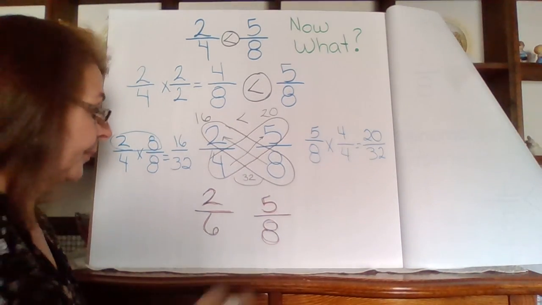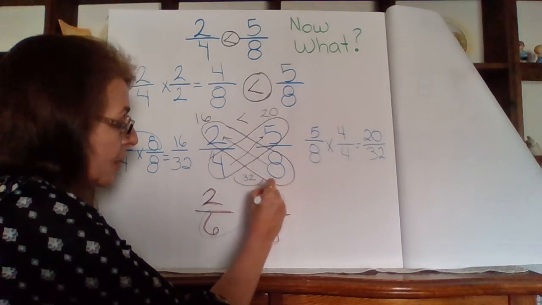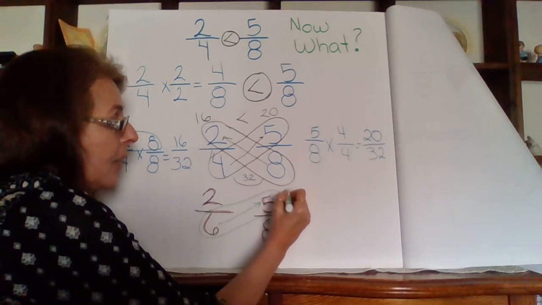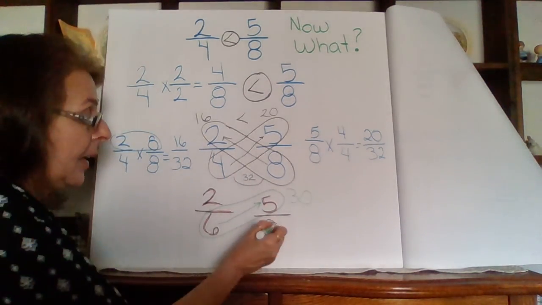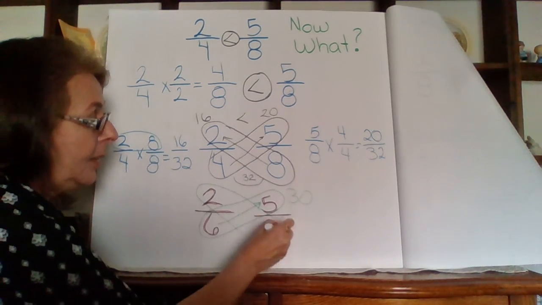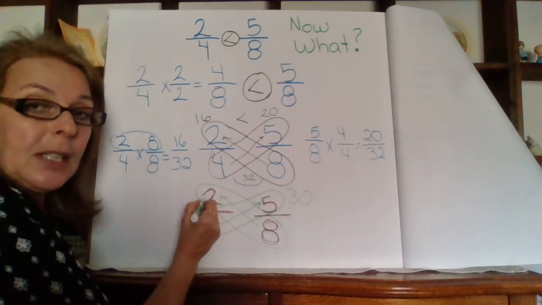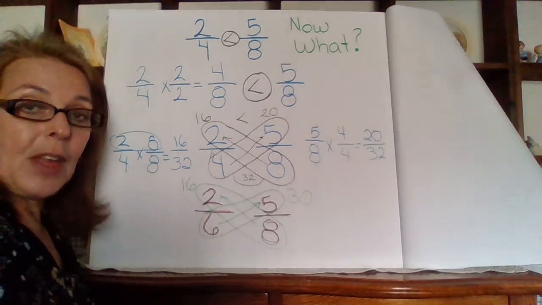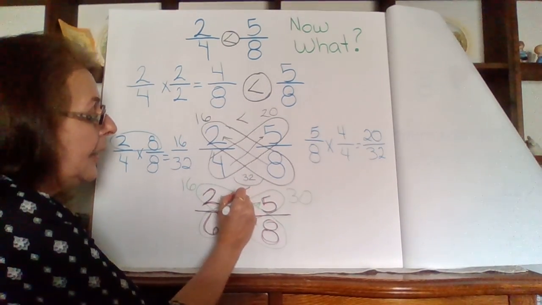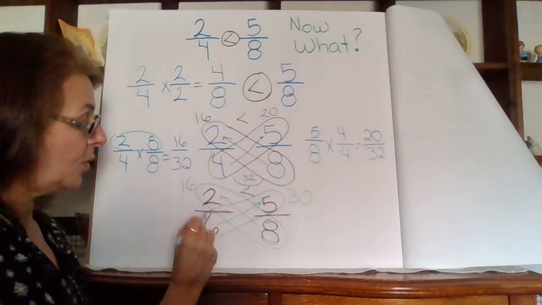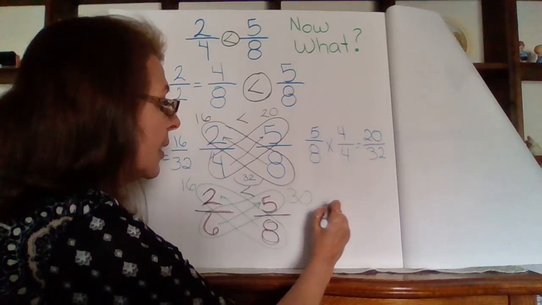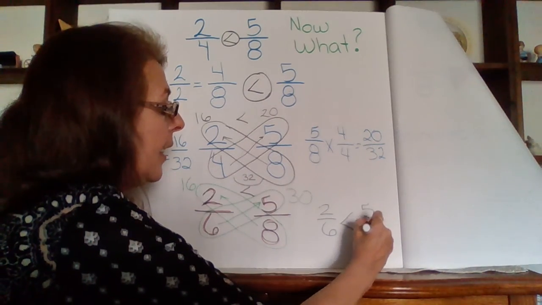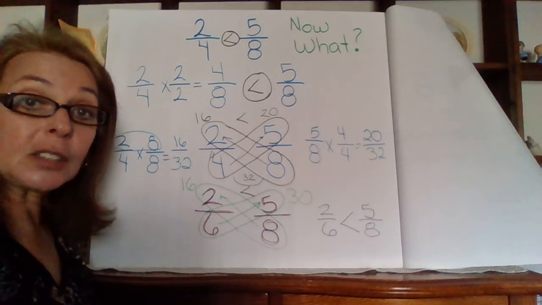I'm going to take a shortcut. I'm going to cross multiply my denominator to my numerator, follow my arrow, 6 times 5, that number goes up here, 30. Then I'm going to do the opposite wing, going to multiply up, 8 times 2, and that's going to give me 16. And we know that 16 is less than 30, so 2/6 would be less than 5/8. So that's called the butterfly method.